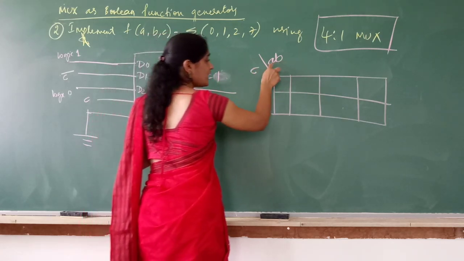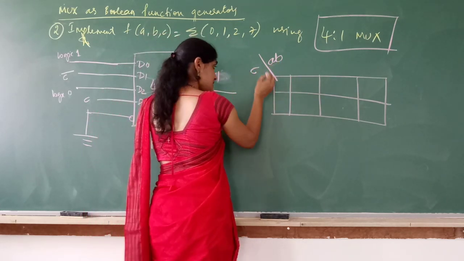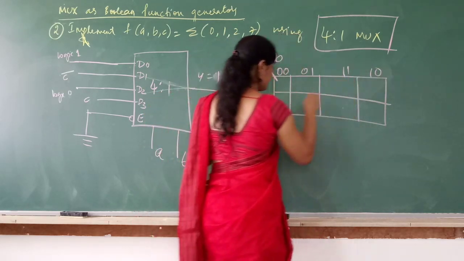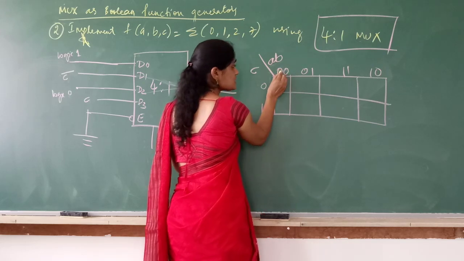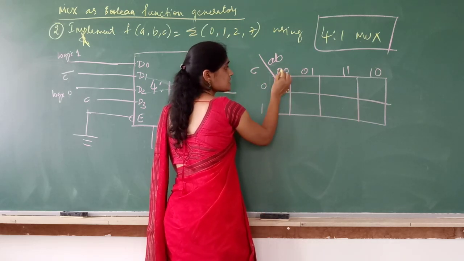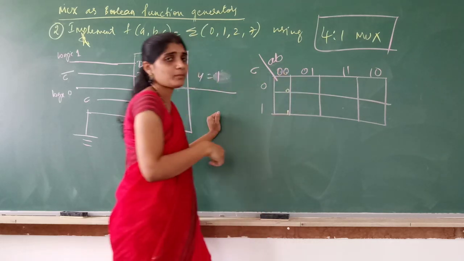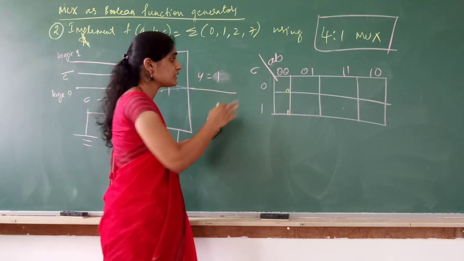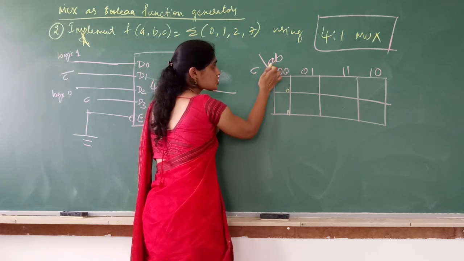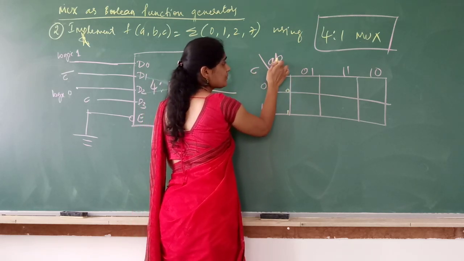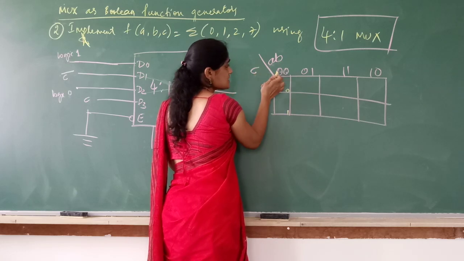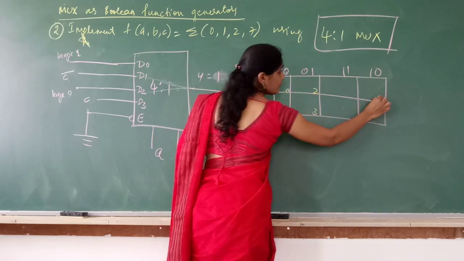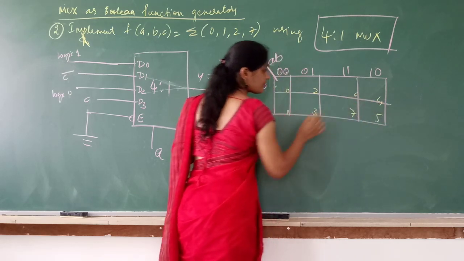Maybe we have written it differently in the usual normal classes when we have written the K-map. But here, A, B should be written here only, as I am taking the select inputs as A, B. C here. 0, 1, and the cells numbered 0 to 7.